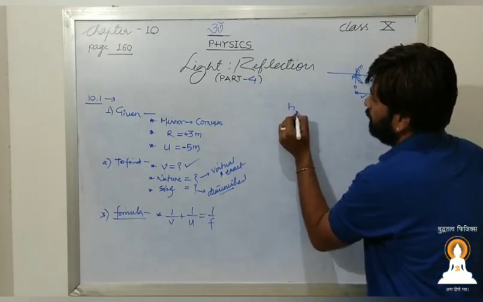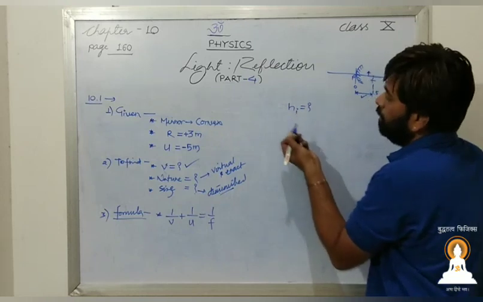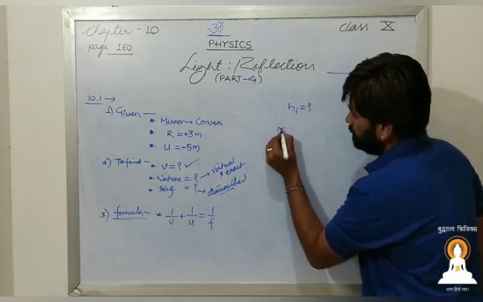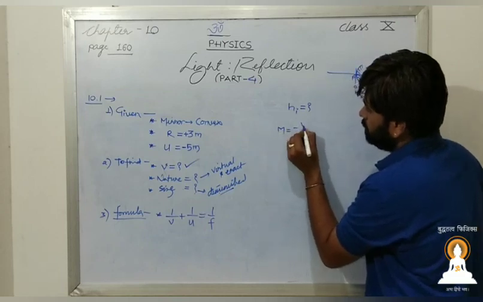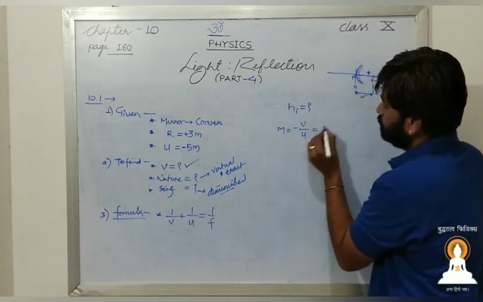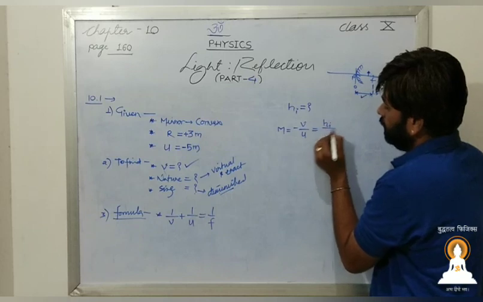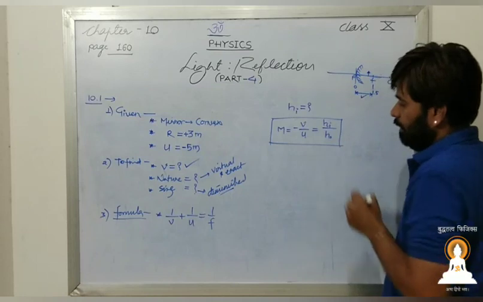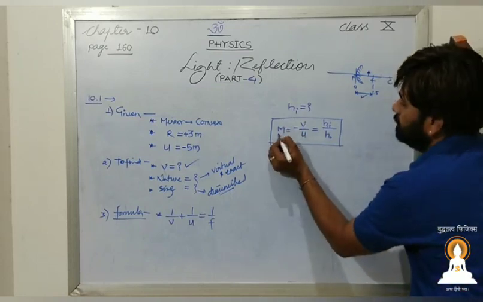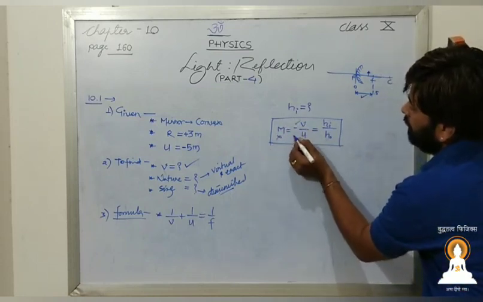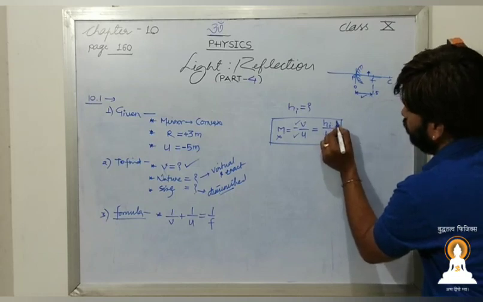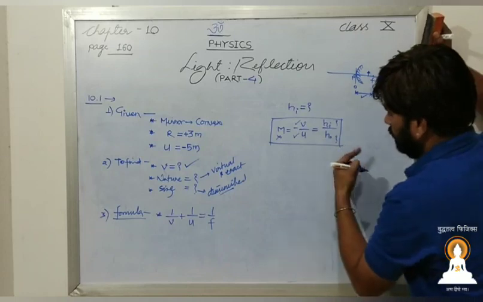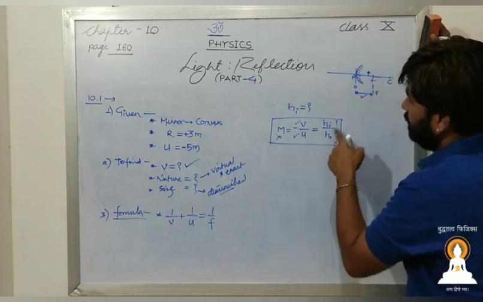We have the formula m is equal to minus v by u, that is equal to height of image upon height of object, as we have already seen. We do not have the height of the object, but we have to find the height of the image. No problem, in terms of the height of the object we may find it out.